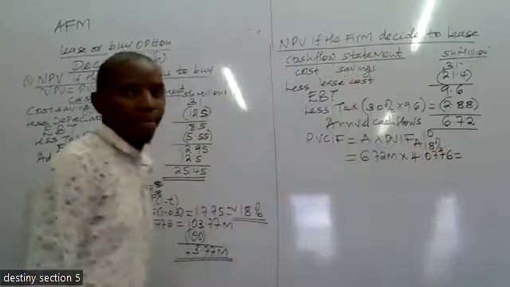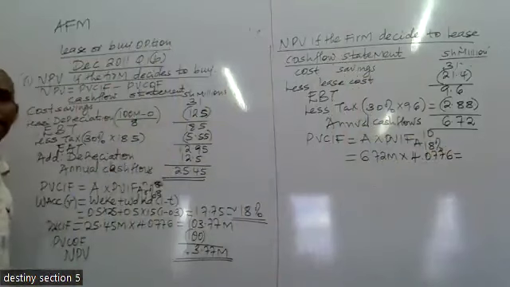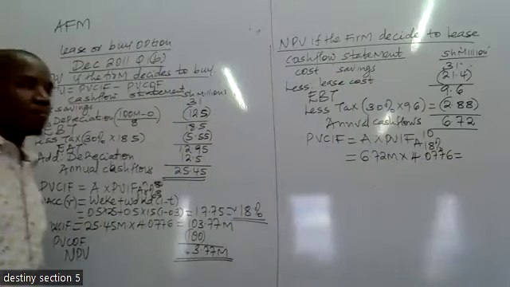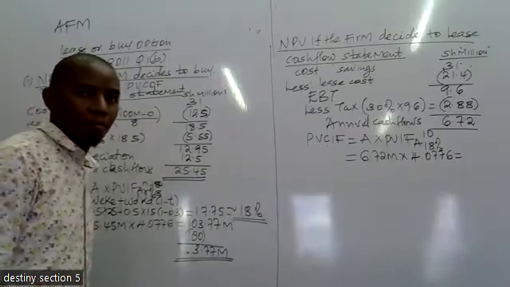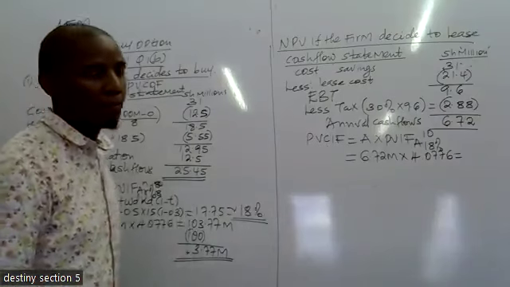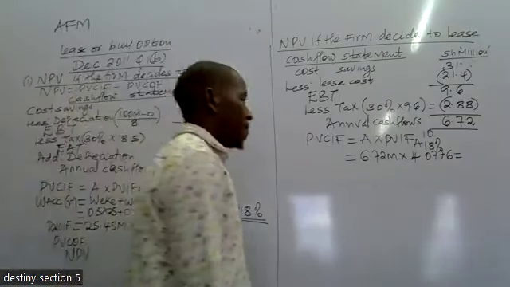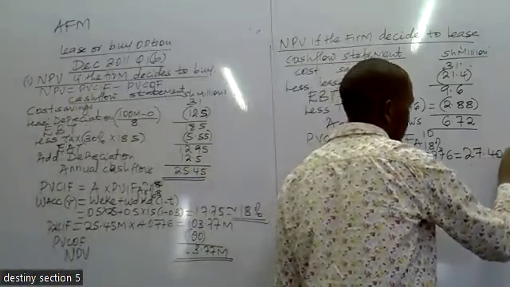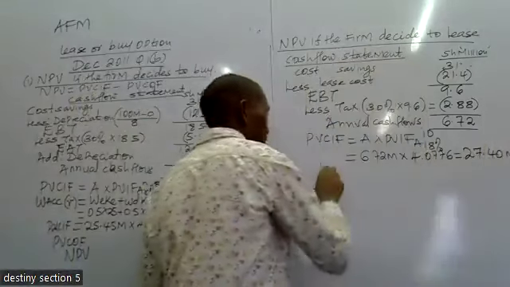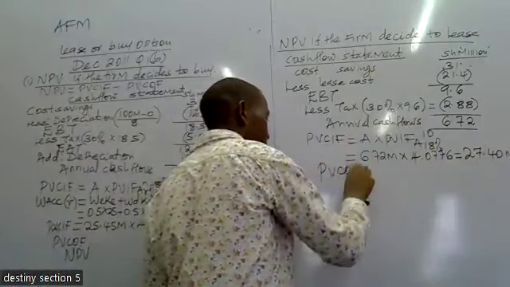Inakupea ngapi? 27 points. So we learn our present value cash flow.